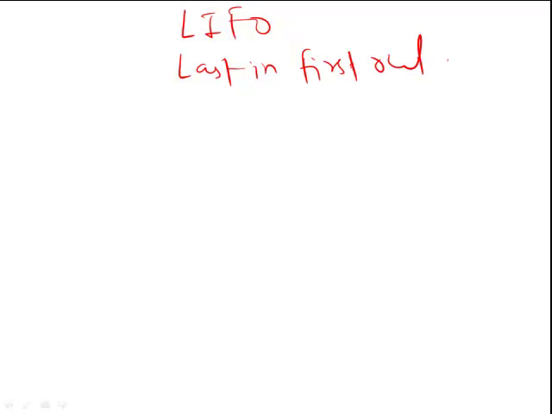Now we are into the second part where we want to understand the various inventory valuation methods. Now first one of them is called LIFO, which stands for Last-In First-Out. So what does it mean and why is it required?